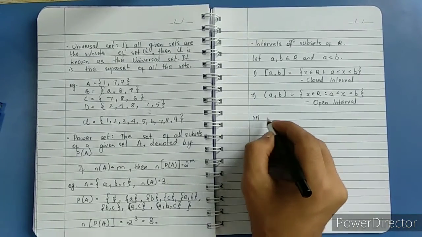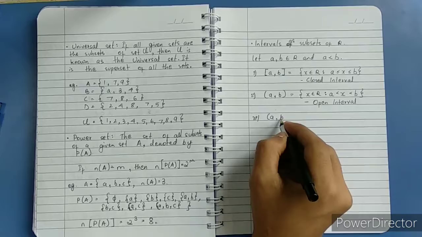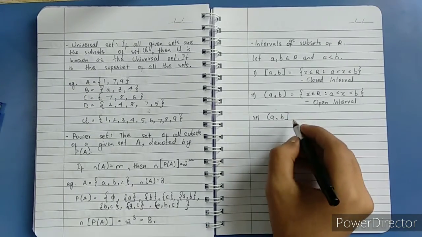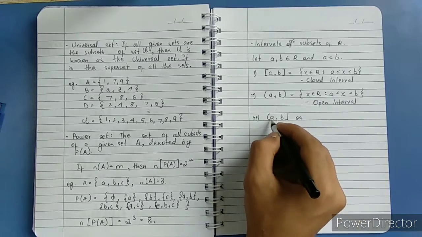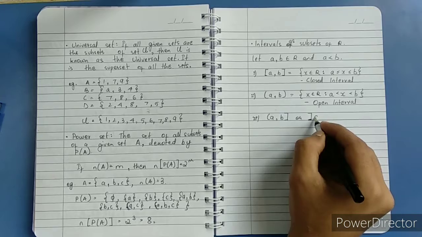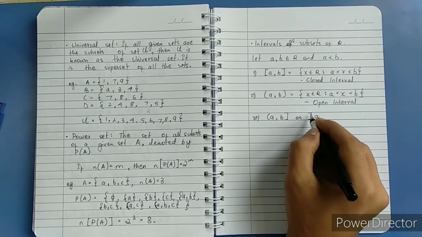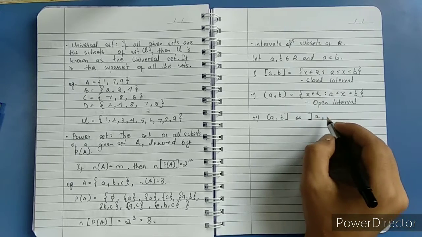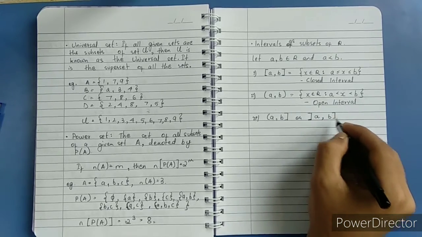Third is (a, b] with a closed bracket on b. One more thing, this open bracket can also be denoted like this: we write a and put the square bracket in the opposite direction. This means that a is excluded.